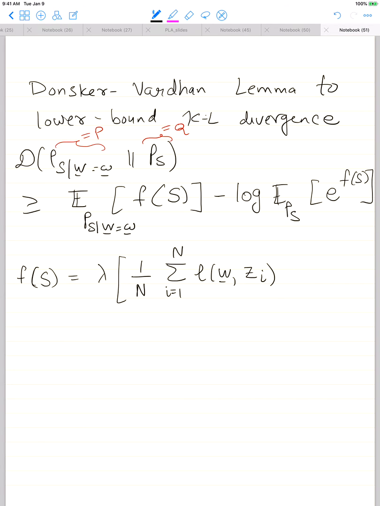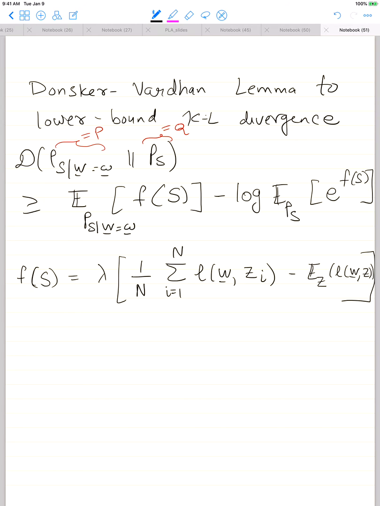And then we subtract out the expected value of the loss with respect to Z. Here W is fixed. So this is basically integrating this with respect to PZ for a fixed W. And this is taking the average of the loss with respect to the training points.